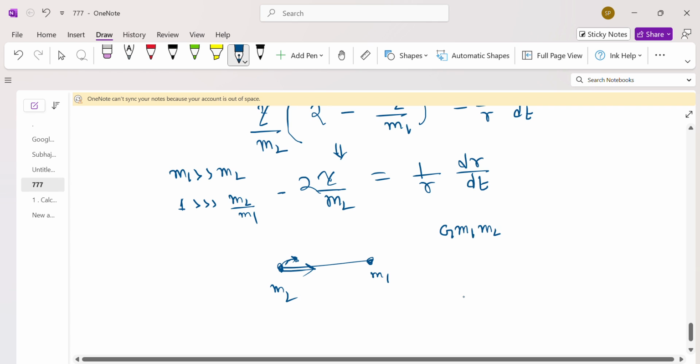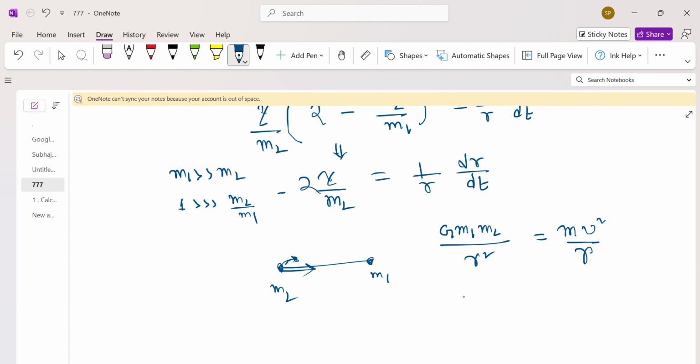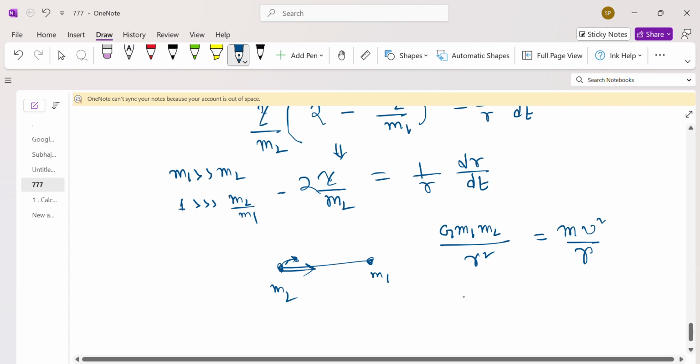So G m1 m2 divided by r squared is your m v squared divided by r, because of the gravitational pull.